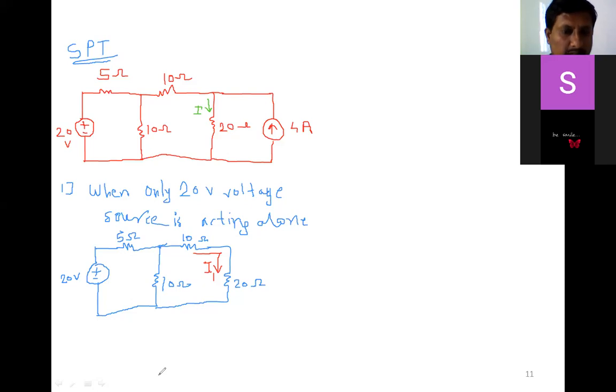Mesh analysis is also applicable, but compared to mesh, nodal will be easier, because in mesh analysis you have to get two equations, one for this loop and a second one for the other loop. But there is only one node, so only one equation.